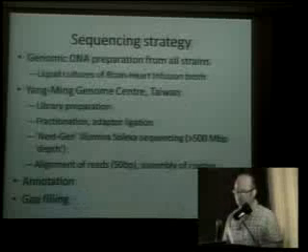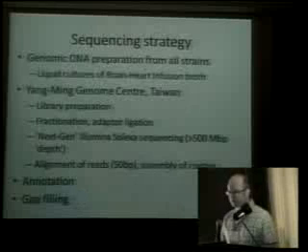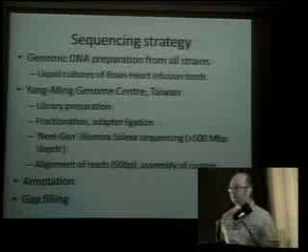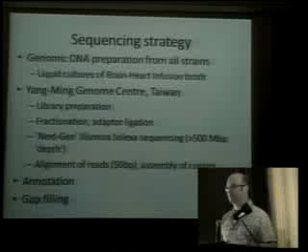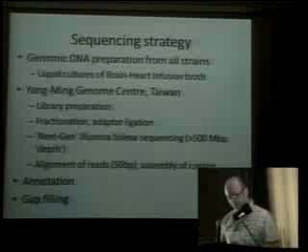So we took a new sequencing strategy. Previously, people would make genomic libraries, and then they would use classic Sanger type sequencing to sequence the libraries, and then you would align lots of these cosmids, and then try and piece the genome together like a very big AGTC jigsaw.